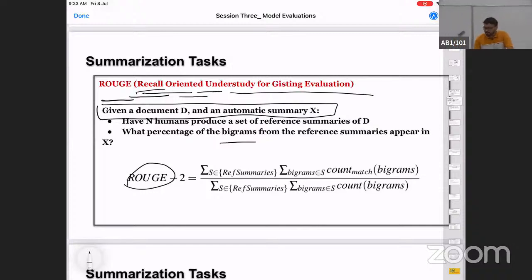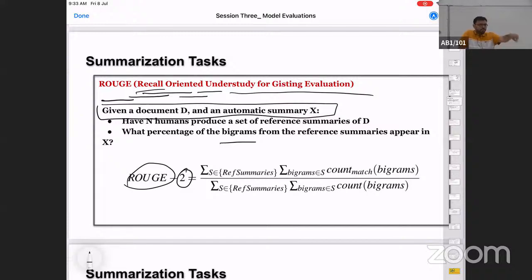Okay, so what does this 2 represent? We are going to measure the overlap of bigrams between the machine generated summary and the human generated summary. How many bigrams are common between these two? That's what we are going to compare.